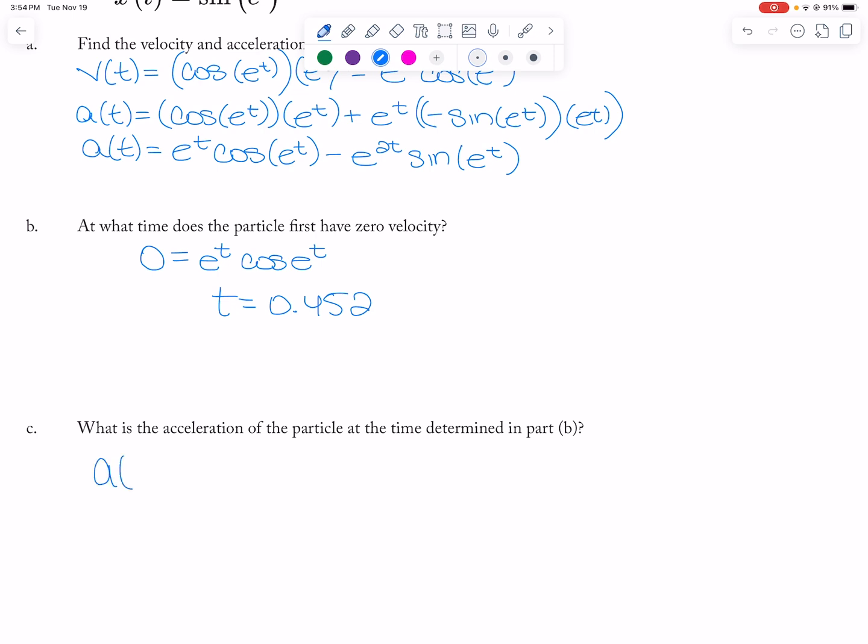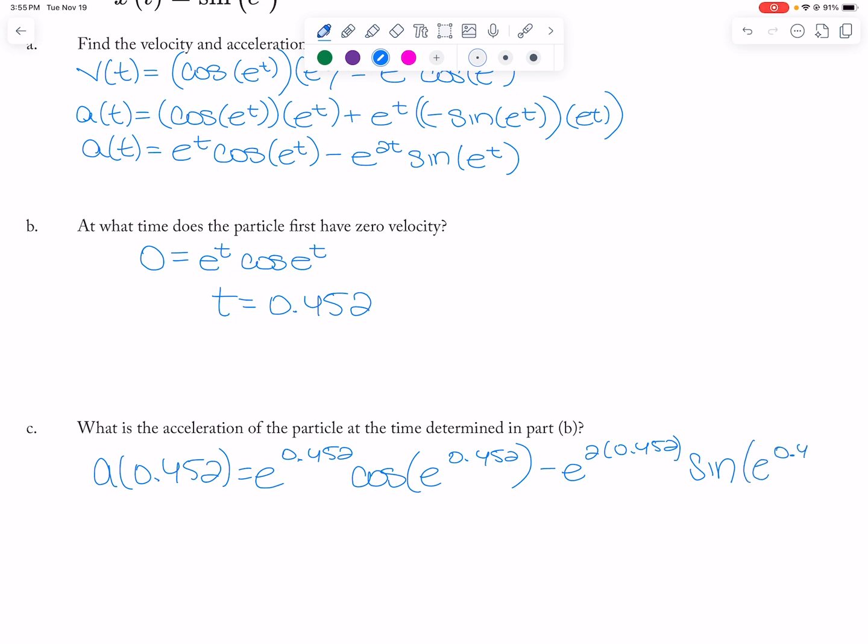So I want a of 0.452, which is e to the 0.452 cosine e to the 0.452, and then minus e to the 2 times 0.452, and then sine of e to the 0.452.